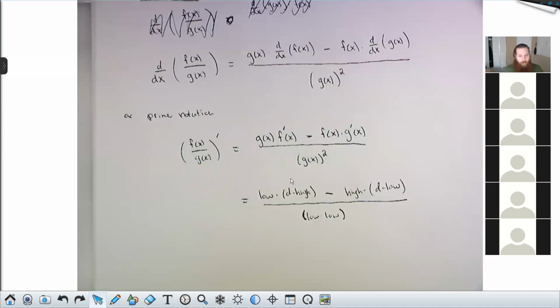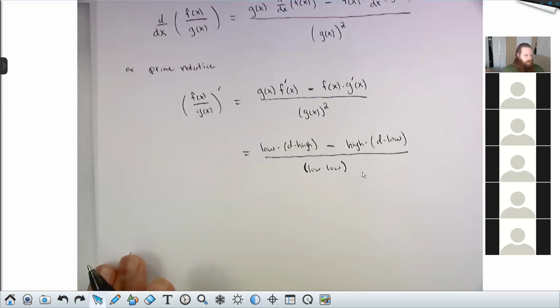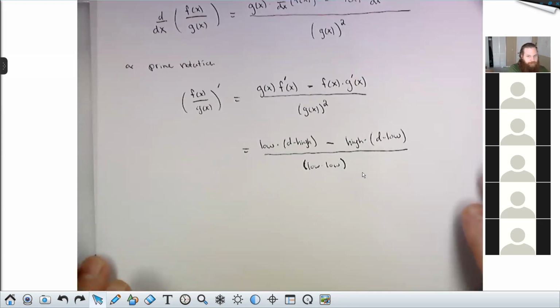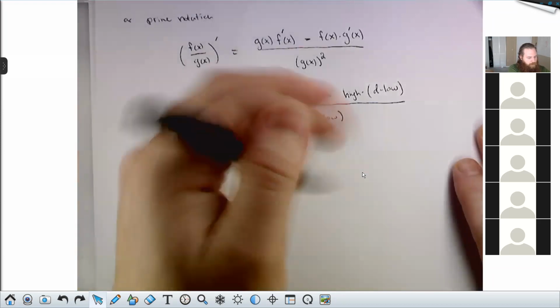But there are plenty of times when we do need to do this. So let's see some of those examples. I'll do a small one down here.